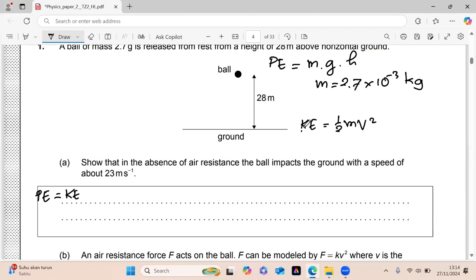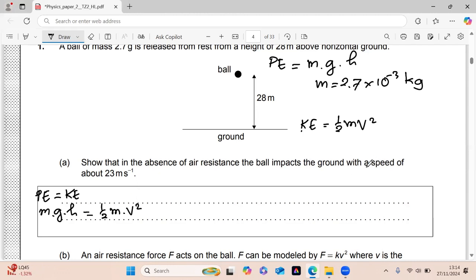PE this one and KE this one, kinetic energy and potential energy. So m times g times h equals half times m times v squared.